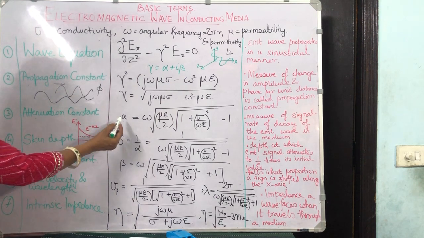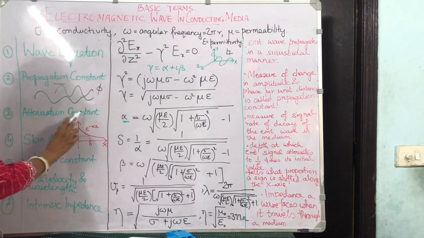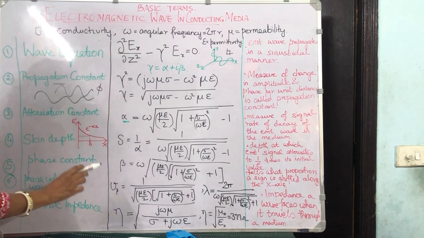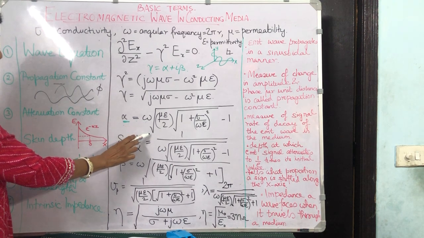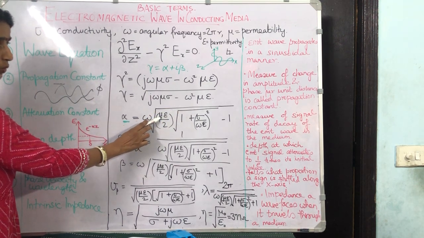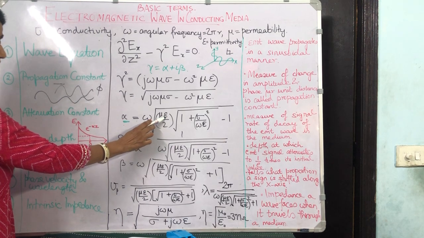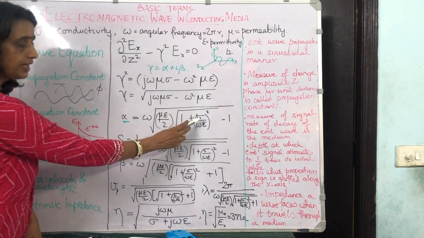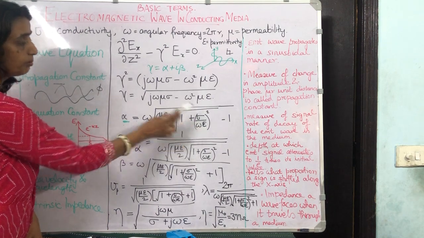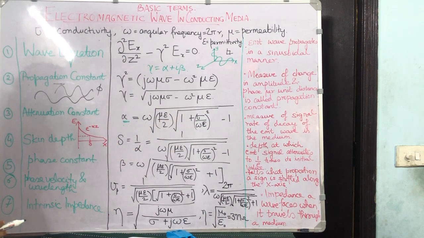So for a conducting media, the attenuation constant alpha is equal to omega under root mu epsilon divided by 2 into under root of 1 plus (sigma upon omega epsilon) square minus 1. That is attenuation constant, which is a measure of the signal's rate of decay of EM wave in the medium.